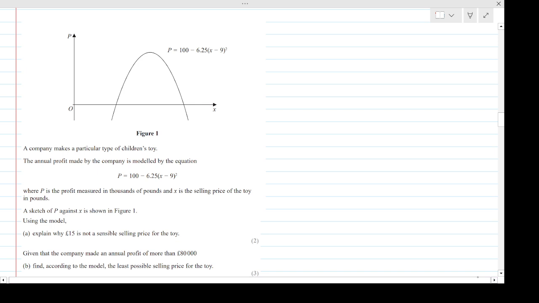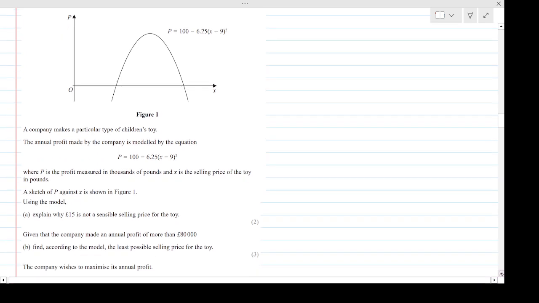Okay, this one. We are given that a company makes a particular type of children's toy. The annual profit made by the company is modelled by this equation here, where P is the profit measured in thousands, so I'm going to underline that, and X is the selling price in pounds.